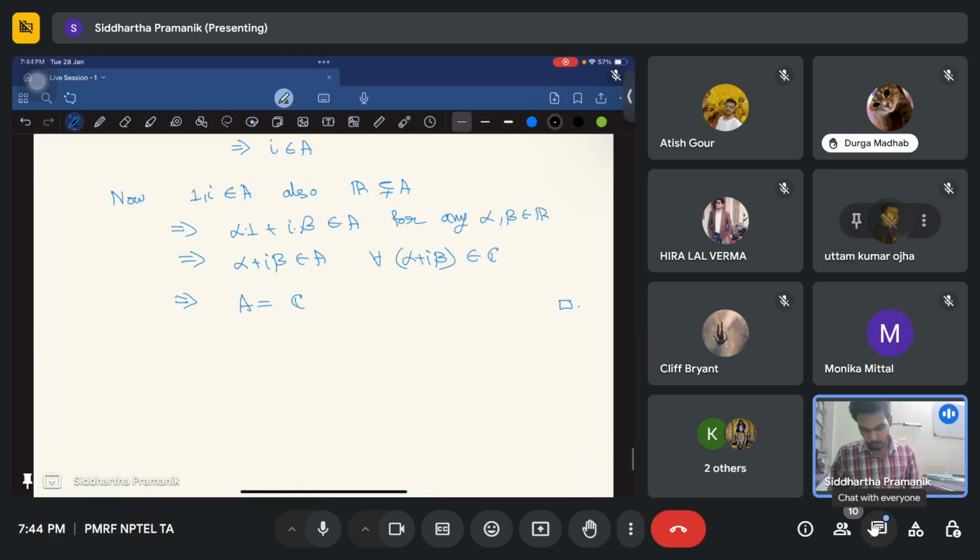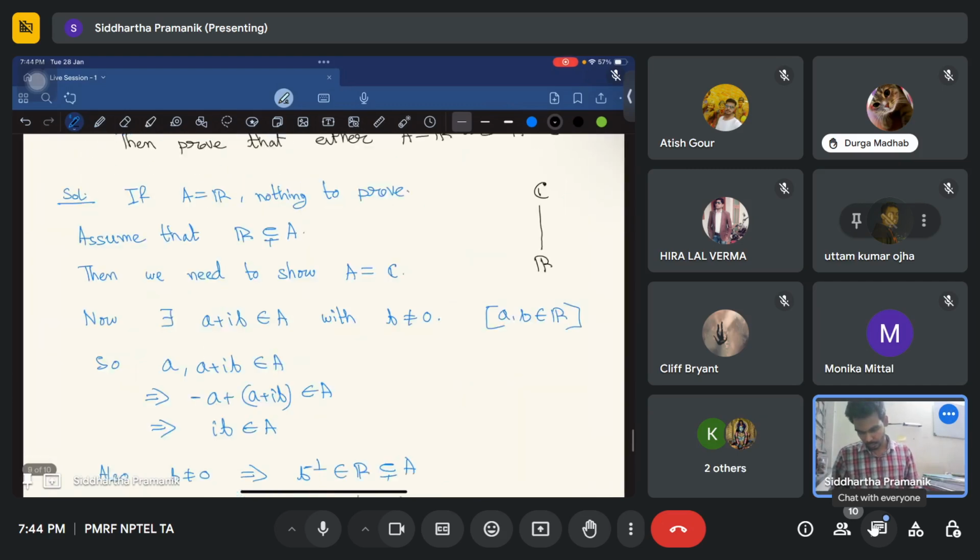Okay, so now let me formally define integral domains. That will be useful.